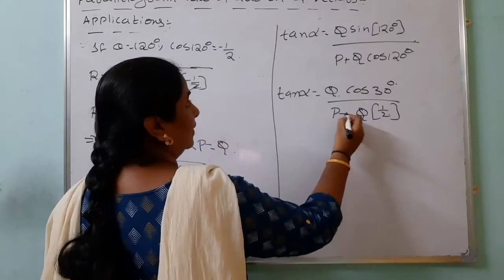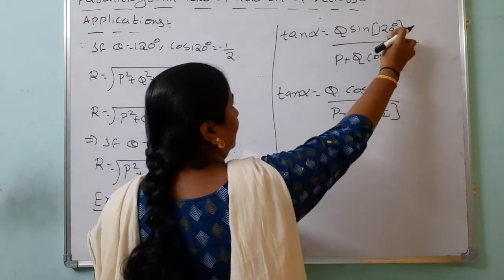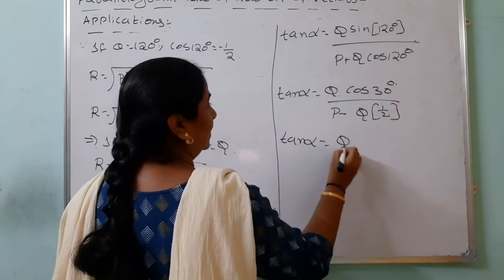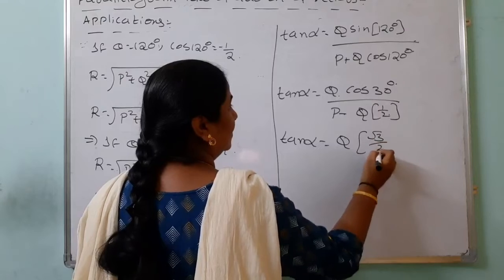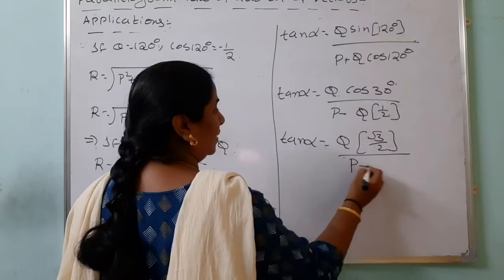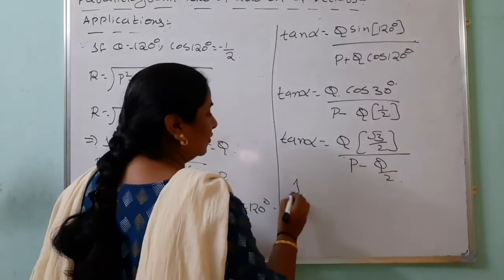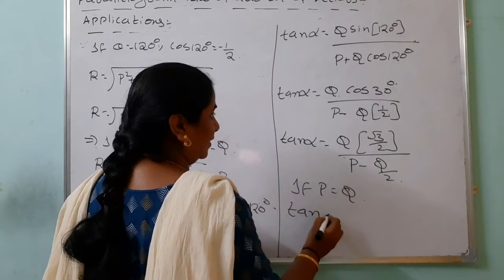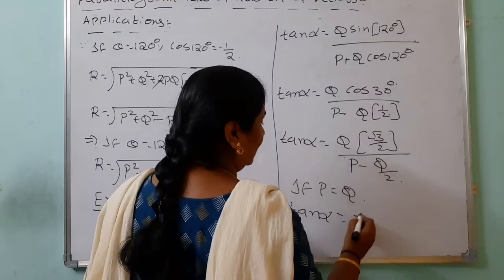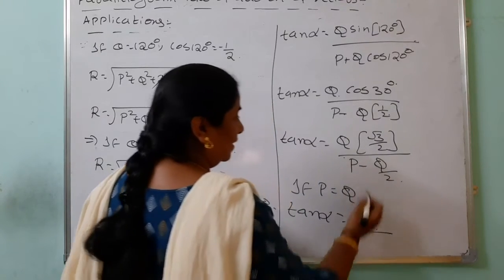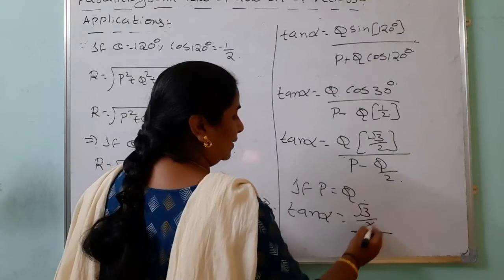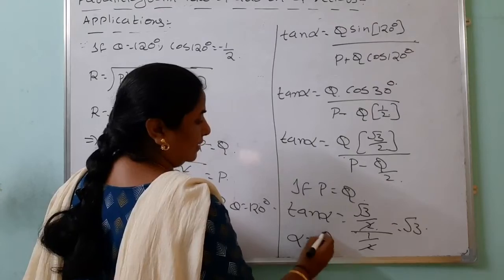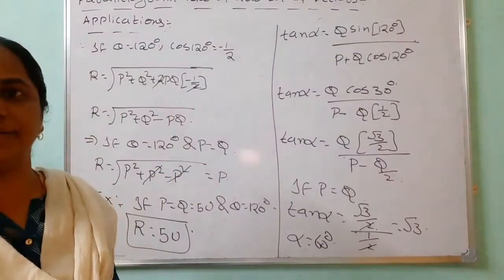Q into cos 30 is root 3 by 2, by P minus Q by 2. Here also if we take P equals Q, then Q is common and we cancel. Root 3 by 2 divided by 1 minus 1 by 2, which is 1 by 2. So here alpha equals how much? 60 degrees. This is one more application.